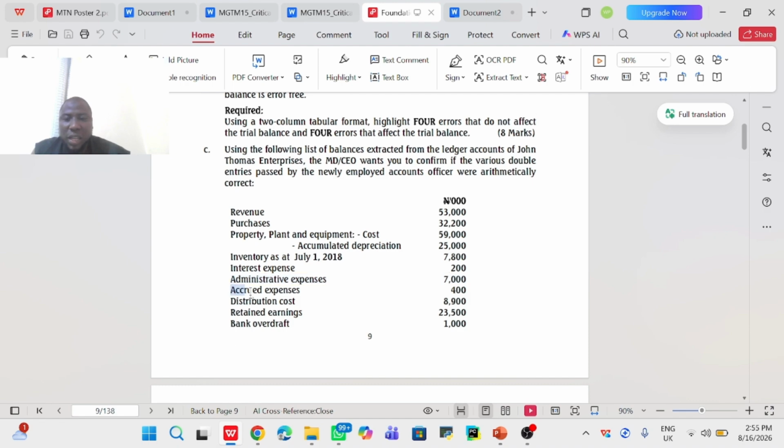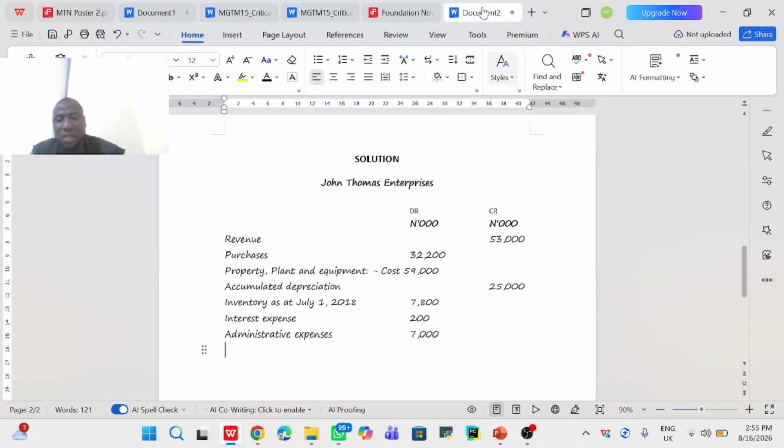Accrued expenses. This is another one you're supposed to look at. Accrued expenses are supposed to be an expense, but it is owing. Maybe you are meant to be paying 200 naira per year, and you owe 400, you owe for 2 years.